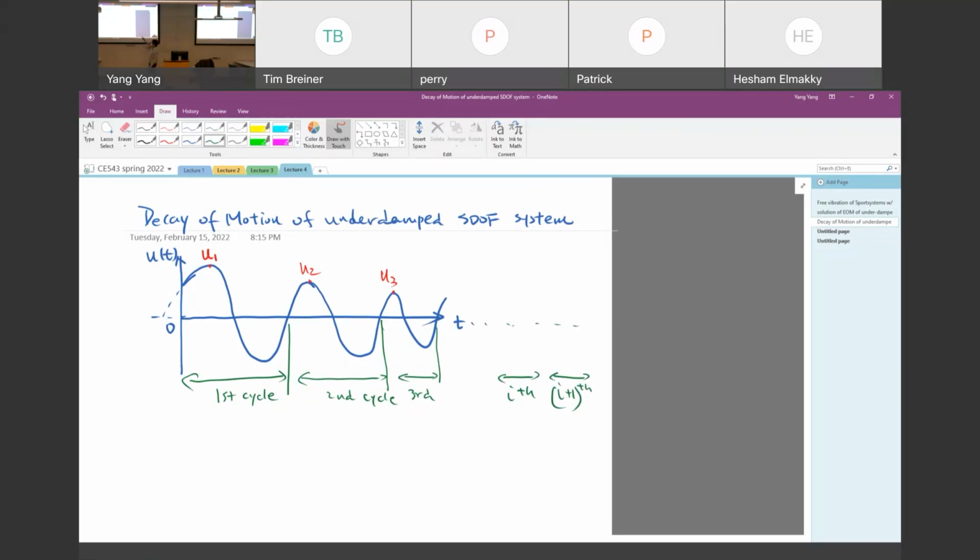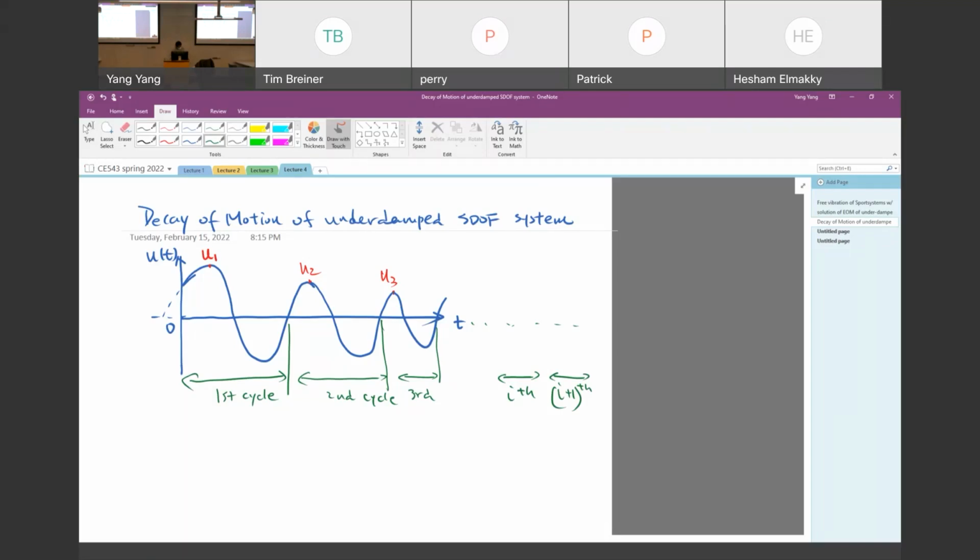Gradually, because of the existence of damping, the maximum or the amplitude for each cycle is decreasing. So as you can see here, the U3 will be smaller than U2, smaller than U1.